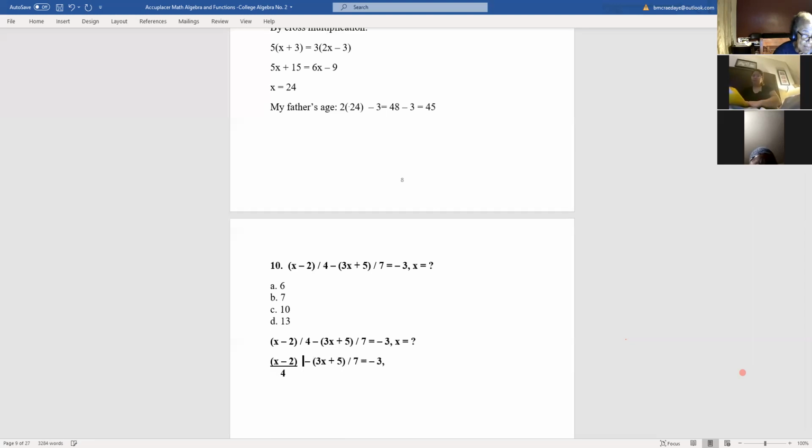This is minus, and this is 3x plus 5 over 7. This minus, take out the slash 7, is equal to a minus 3.